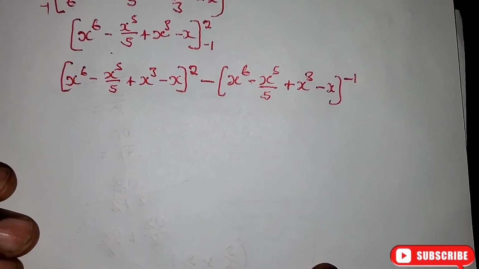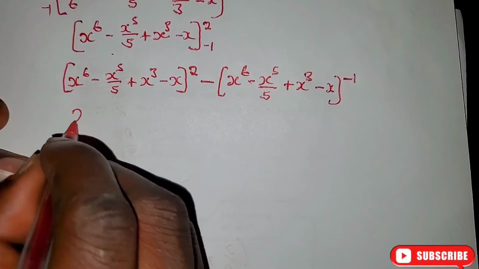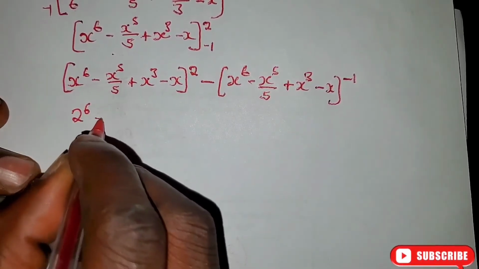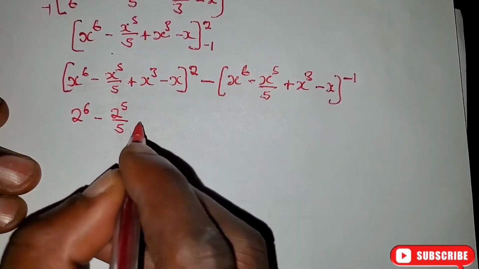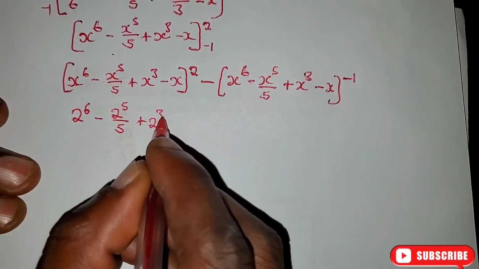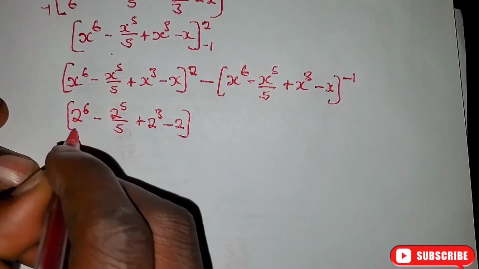Then let's substitute. We say 2 to the power 6 minus 2 to the power 5 over 5 plus 2 to the power 3 minus 2. I've just substituted x with 2.